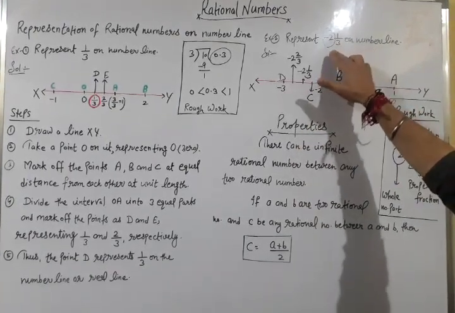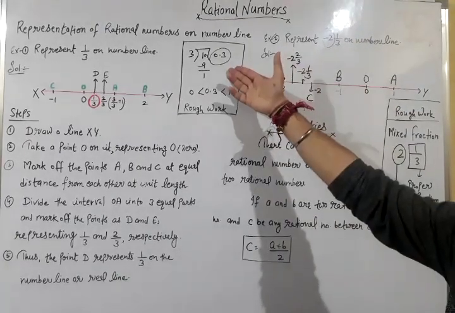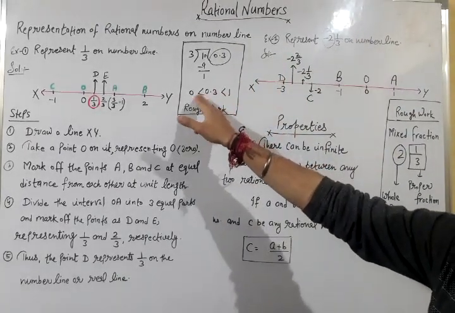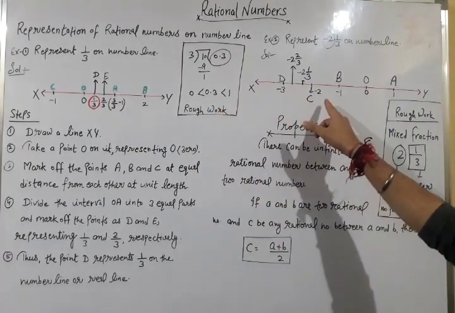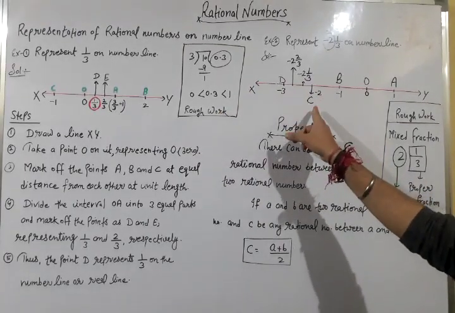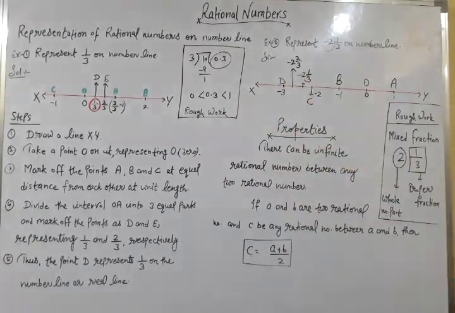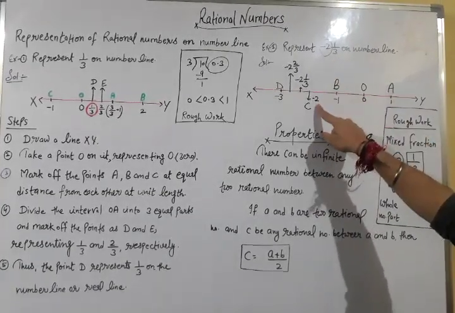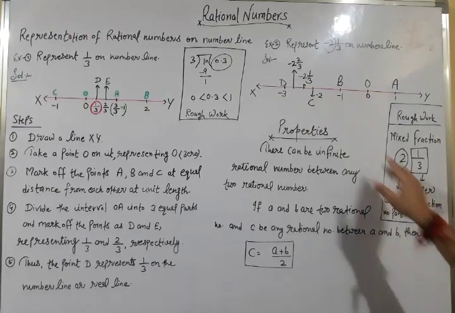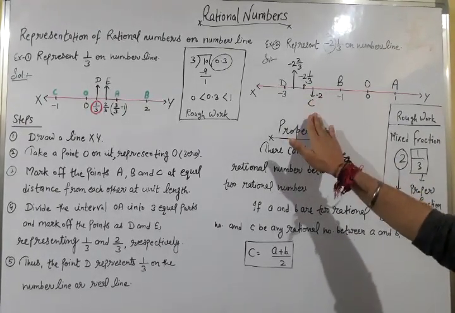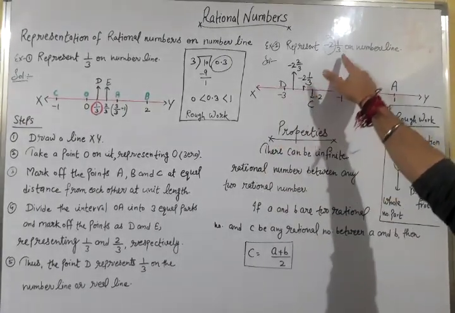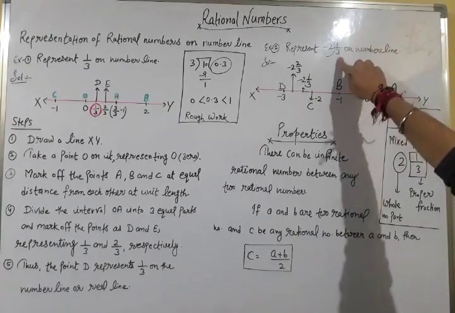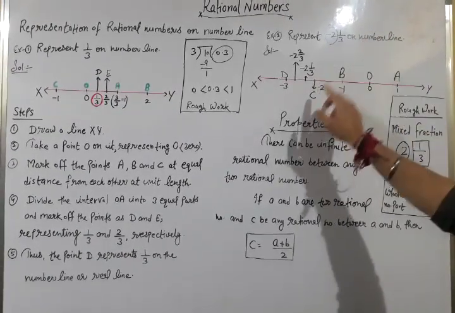Now 1 by 3. As we know that 0.3 is greater than 0 and less than 1, we will break the interval CD into 3 equal parts, because we already have minus 2 as our whole number part. So minus 2 will be complete and the next interval we will break into 3 equal parts because of this 3.